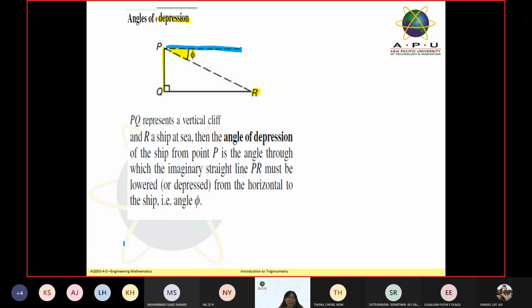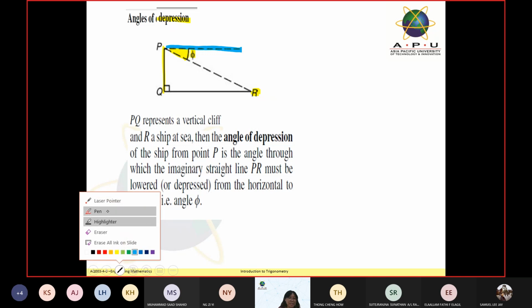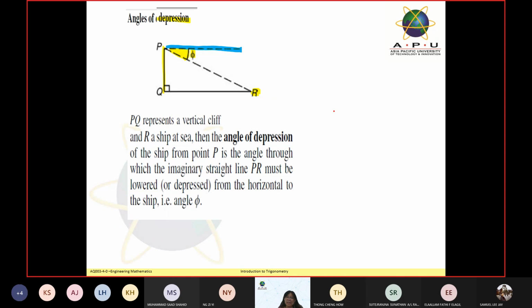So now let me summarize the angle of depression and angle of elevation. Let's say if I look at people, say this is a building.